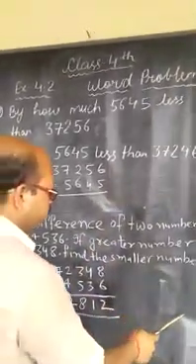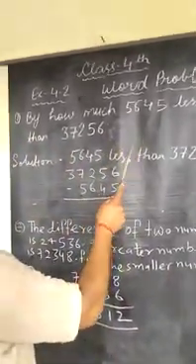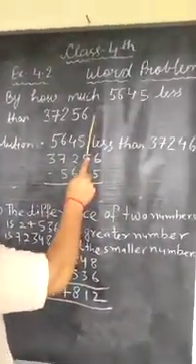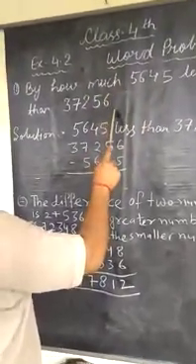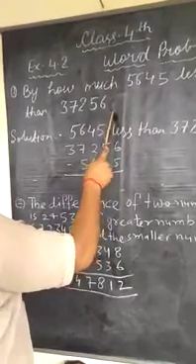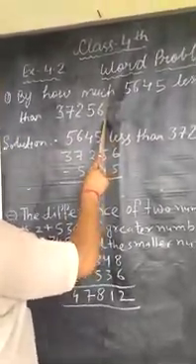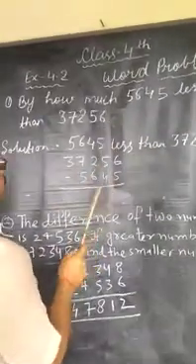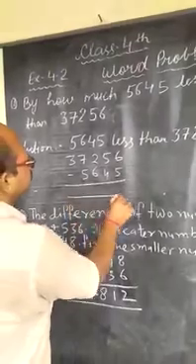The same process applies if the question is how much less or how much more. No confusion: for how much more we cannot add, we subtract, and for how much less we also subtract.